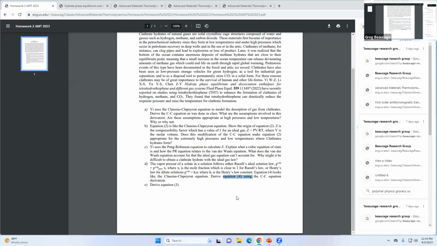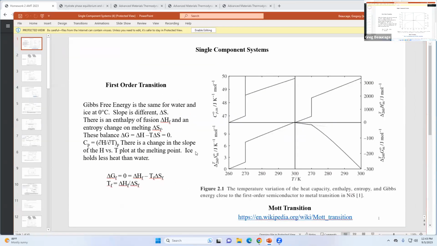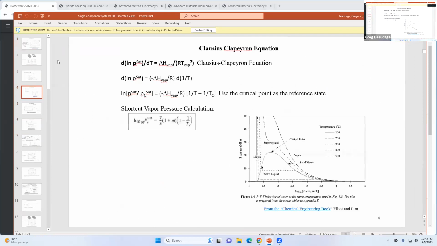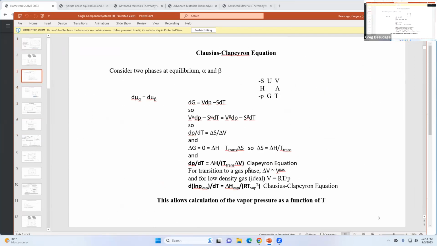Right, which we did. So go back to that single component, where we derived Clausius-Clapeyron. There's equilibrium, so the chemical potentials are equal.